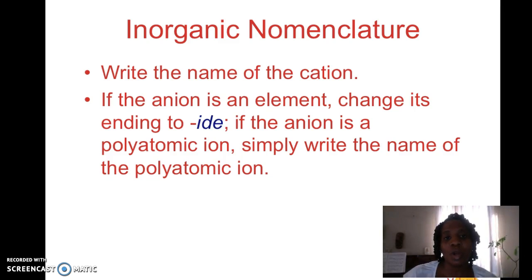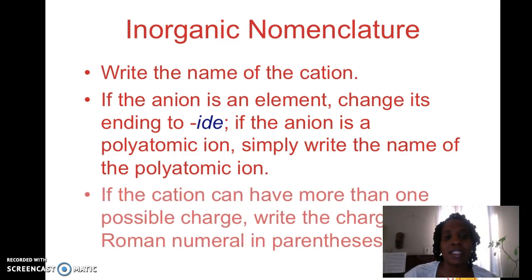So you start with the name of the cation, and then the anion would change the ending to "ide." So for example, sodium chloride or potassium fluoride, etc. Otherwise, if it's a polyatomic ion, you just use the name of that polyatomic ion.